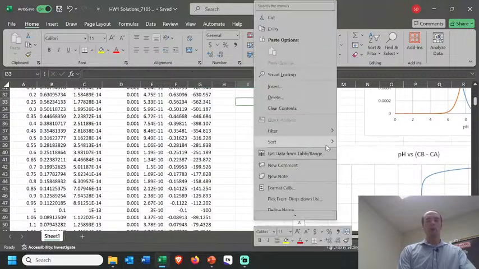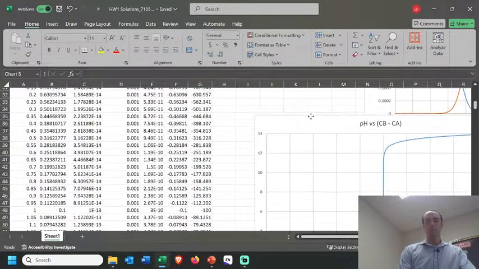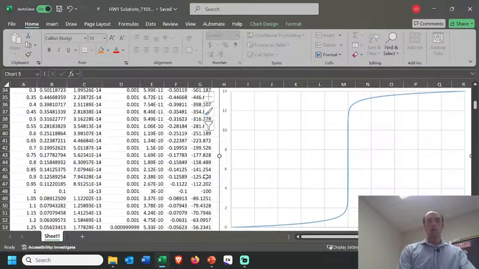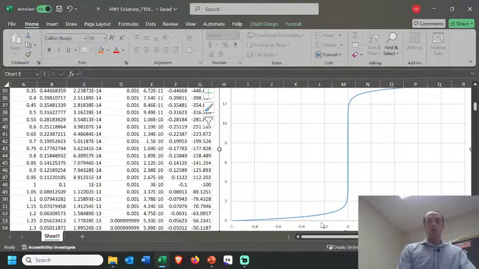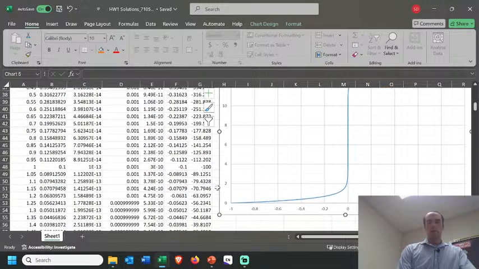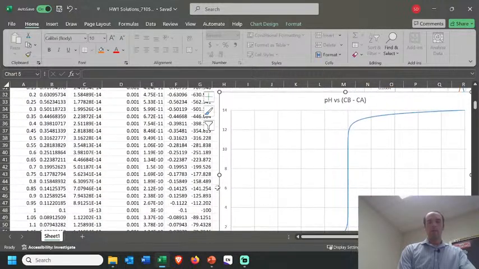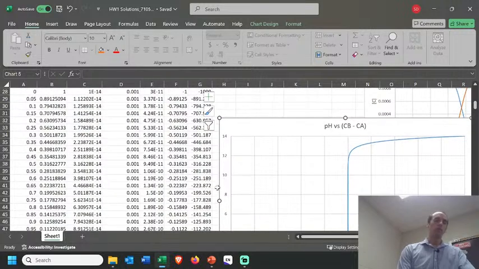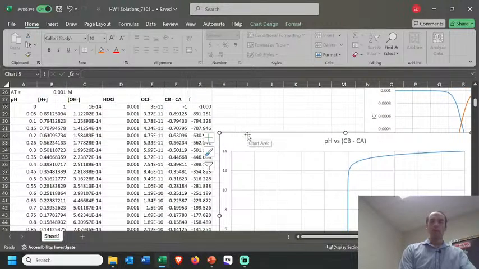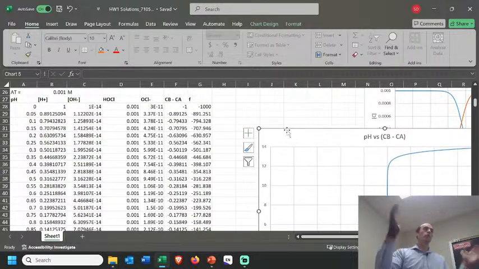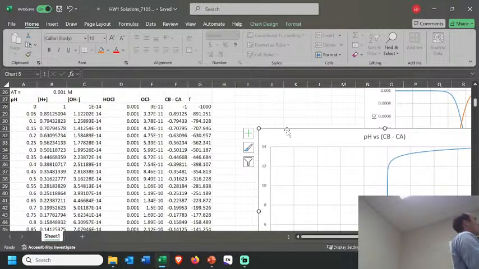And here's the graph, by the way. This is plotted versus Cb minus Ca. We could also plot it versus F, and then cut that down to the appropriate range. And maybe I'll do that in a moment, if we have time.